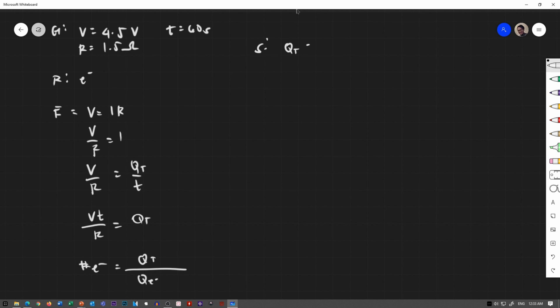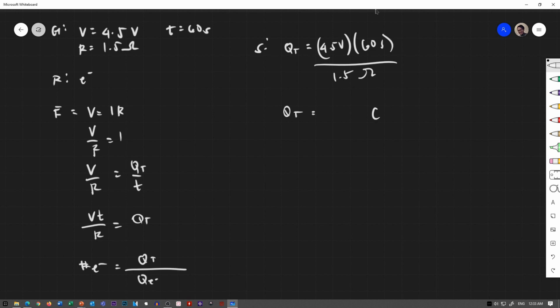Okay, so this will be 4.5 volts multiplied by 60 seconds divided by R, which is 1.5 ohms. Okay, and then the answer for this one will be something that has a unit of coulombs, right?